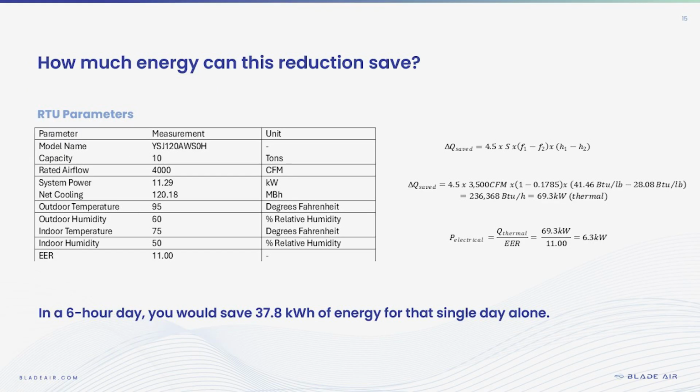I think the question you all must have at this point is, what does that outdoor air reduction actually mean from an energy perspective? And so to answer that, I'll take the stats and the data sheet from my Trane RTU.